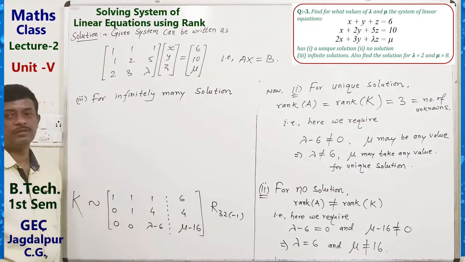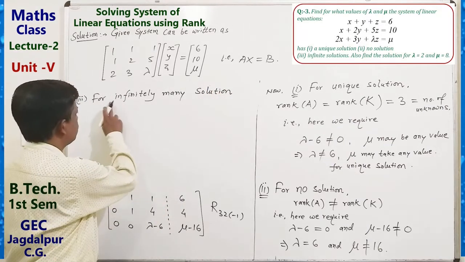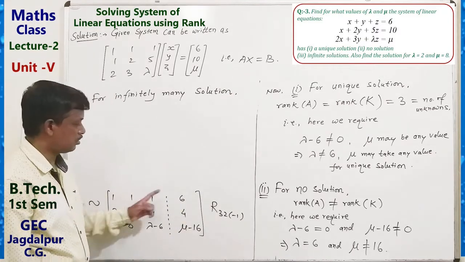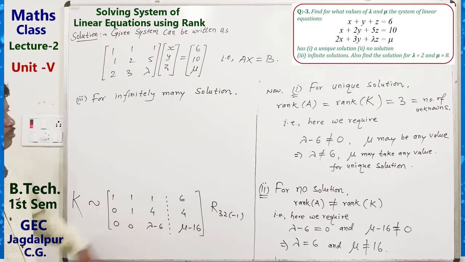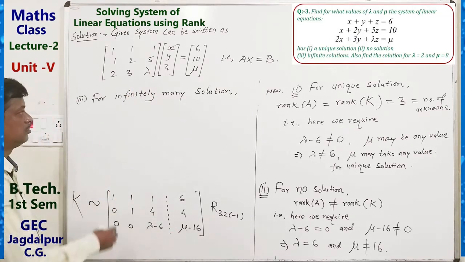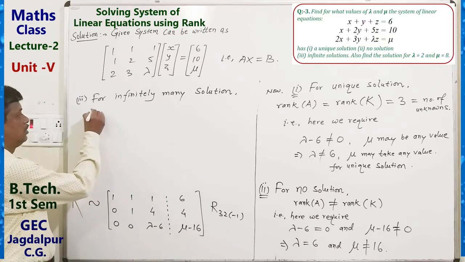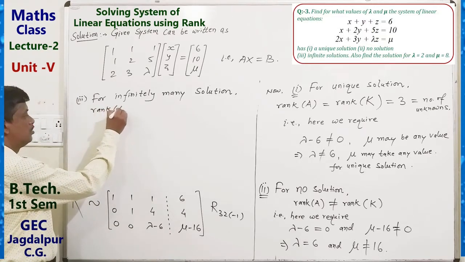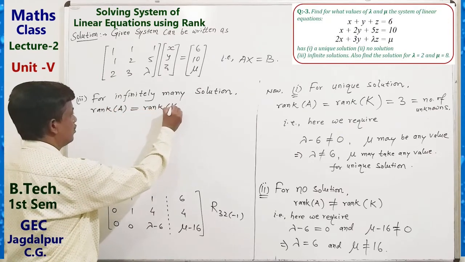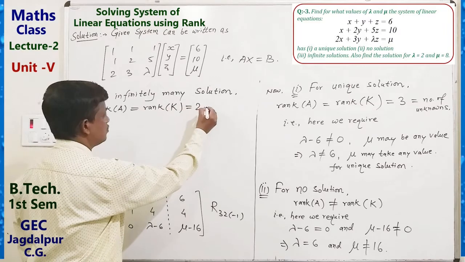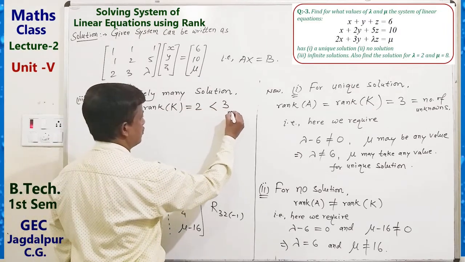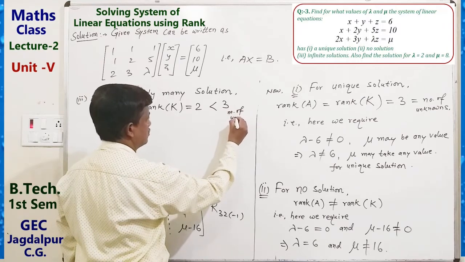For infinitely many solutions, what we require? Rank of A is equal to rank of K, which is less than 3, the number of unknowns, that is 2. For 2, this is 0, this is 0.